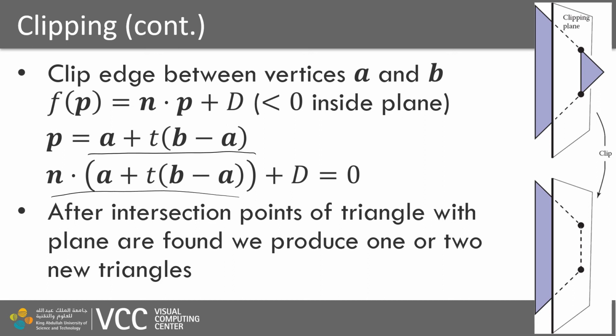Once we calculate the parameter t, we calculate the position of the point, and based on how many points from a triangle are outside and how many are inside, we will decide whether we need to compute another intersection with another edge and then perform the clip accordingly, or generate one or two triangles out of this clipped triangle, which we had to remove some part of because of being outside.